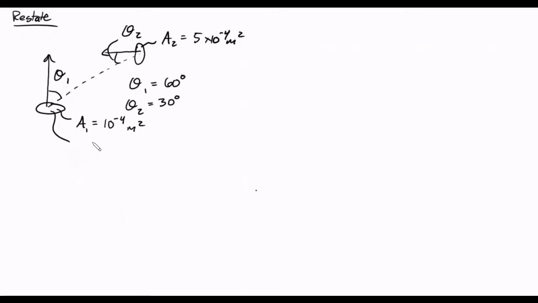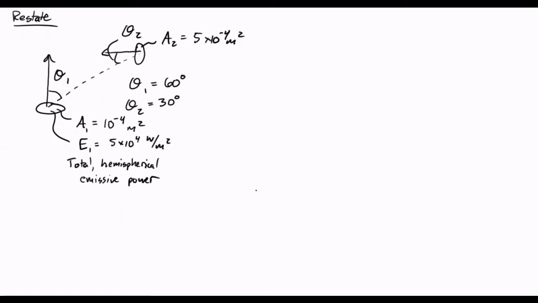Okay, finally, the last and most important bit of information is we know the total hemispherical emissive power, and that is 5 times 10 to the 4th watts per meter squared.